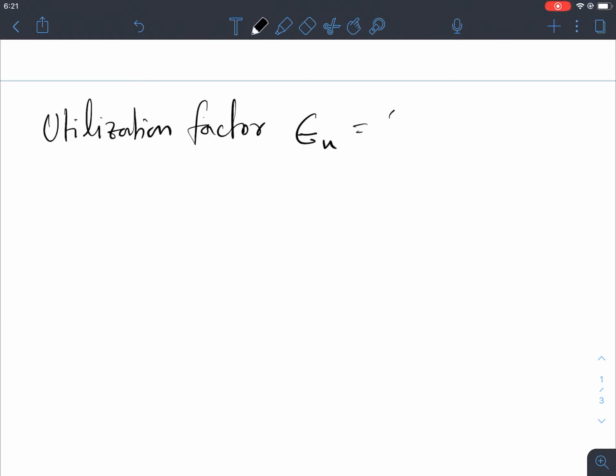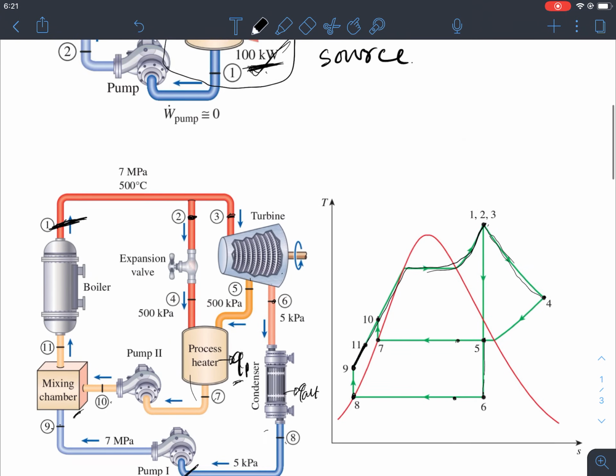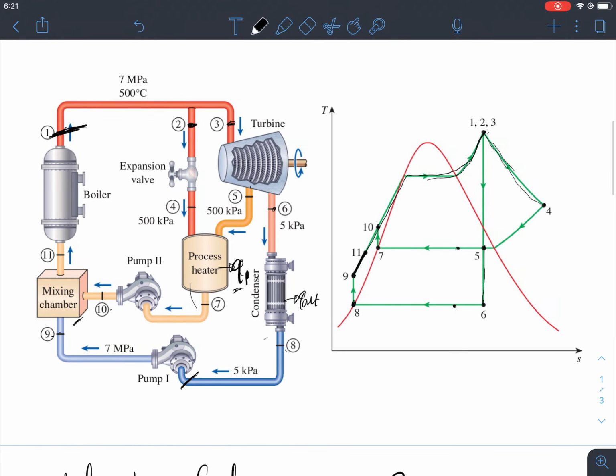Let's take a look. Before that, I would like to define one definition, which is called the utilization factor, right? So what is that utilization factor? Utilization factor is nothing but it's defining how much heat input is happening right here in the boiler, how much energy is produced in the turbine, and how much energy is produced in the process heater.